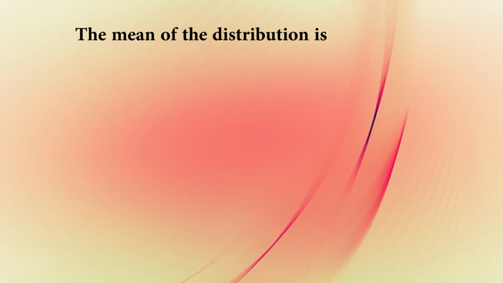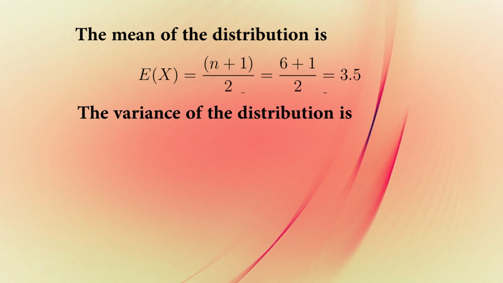Now, this is a discrete uniform distribution and the mean of the distribution is expected value of x, which is equal to (n plus 1) by 2, which is equal to (6 plus 1) divided by 2, which is equal to 3.5.